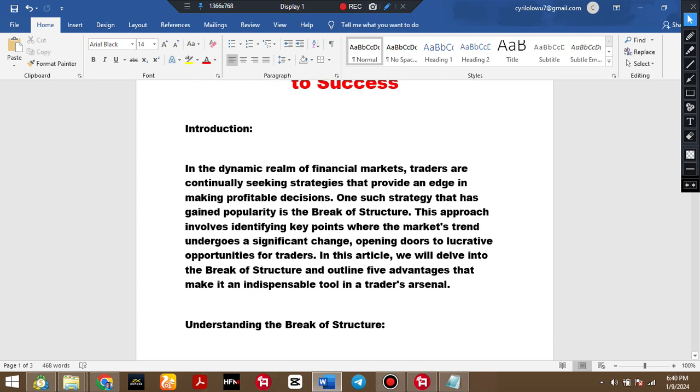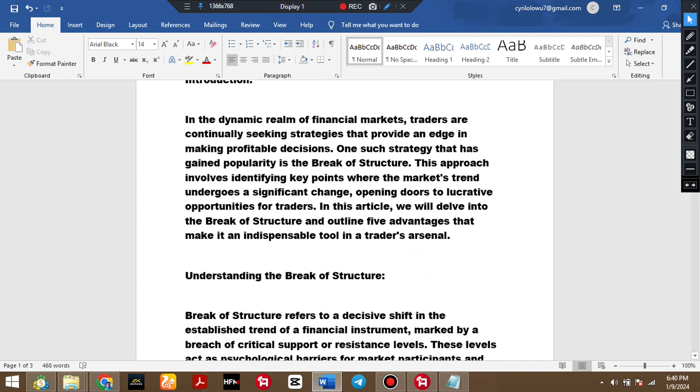Now, coming to the introduction: in the dynamic realm of financial markets, traders are continually seeking strategies that provide an edge in making profitable decisions. One such strategy that has gained popularity is the break of structure, or break of market structure.